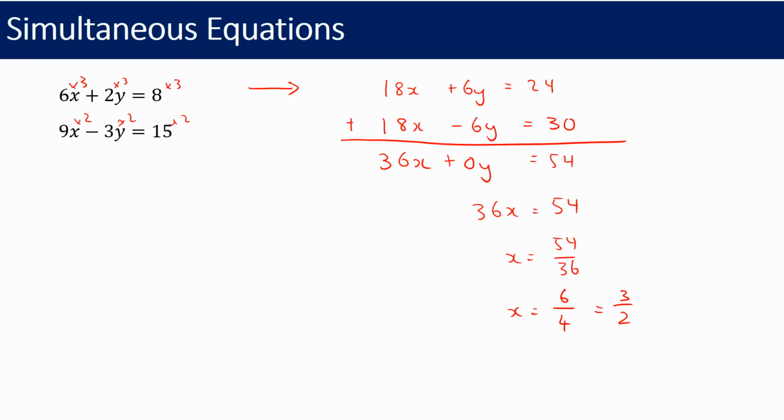Now, when you find x, what does that mean? We can do the technique, but I'm interested in what that x represents. So if I substitute into 6x plus 2y equals 8, with x equals 3 on 2, what you get is 6 times 3 over 2 plus 2y equals 8.